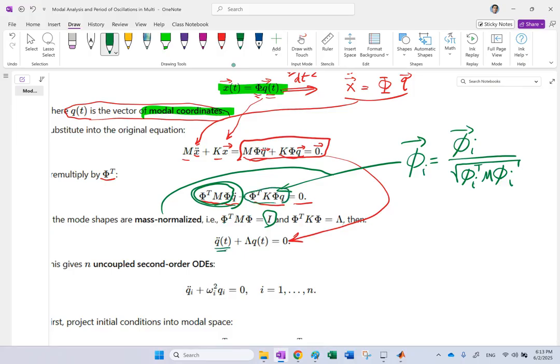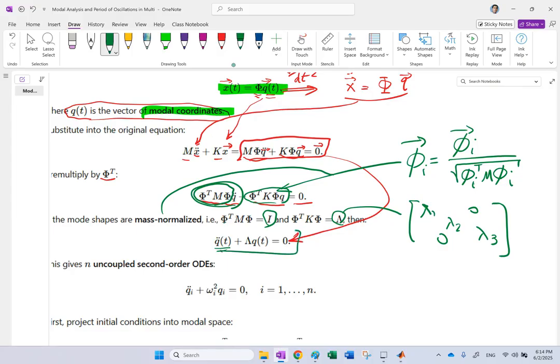This guy is going to be lambda matrix, and lambda matrix is also a diagonal matrix, right? So it is like lambda 1, lambda 2, lambda 3, everywhere else 0. So this is going to be in the first row only lambda 1 Q1, in second row lambda 2 Q2, and then lambda 3 Q3 in the third row.